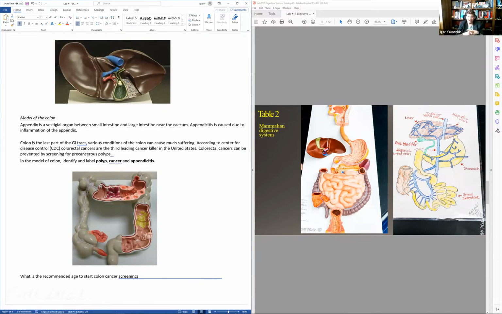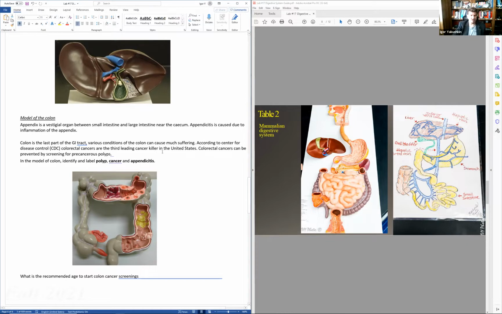Why is the large intestine so vulnerable to any kind of issues? Because it temporarily stores waste, and the waste will contain all kinds of toxins, or might have contained some toxins.